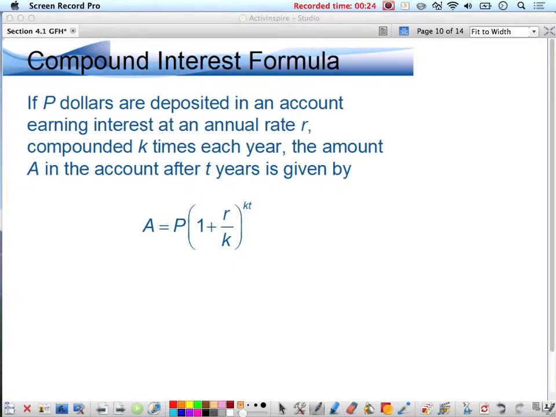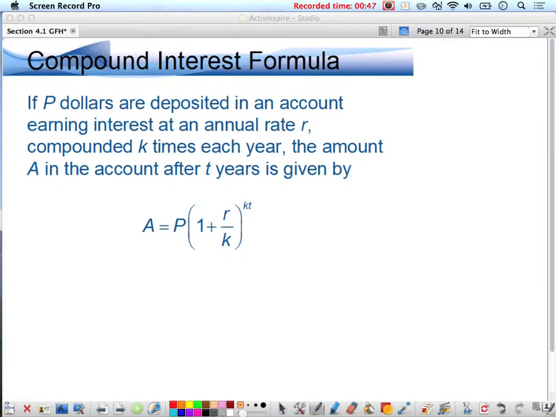Compound interest is an exponential function given by the formula: the total amount of money A is equal to the principal, which we'll assume is in dollars. That's how much you start with, the initial investment amount or the initial amount borrowed, times the big parenthesis, 1 plus the rate, R, and it's important to note that the rate has to be written as a decimal.